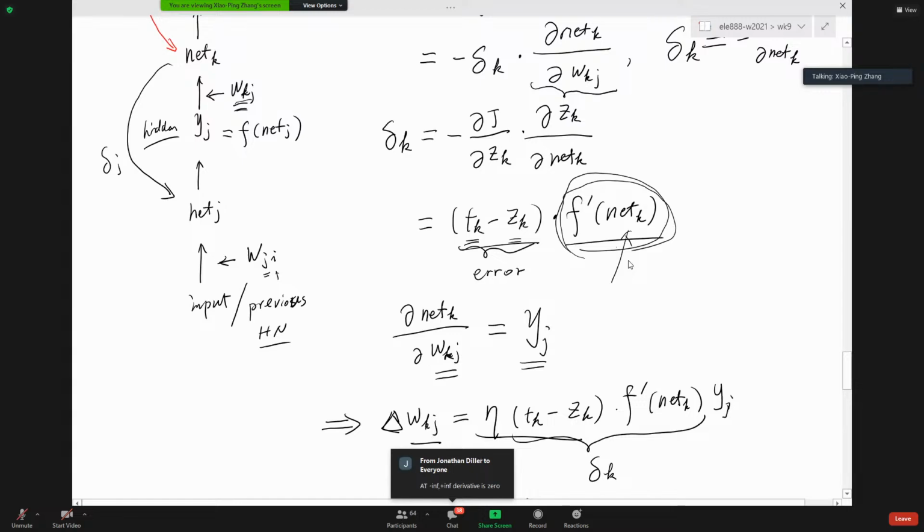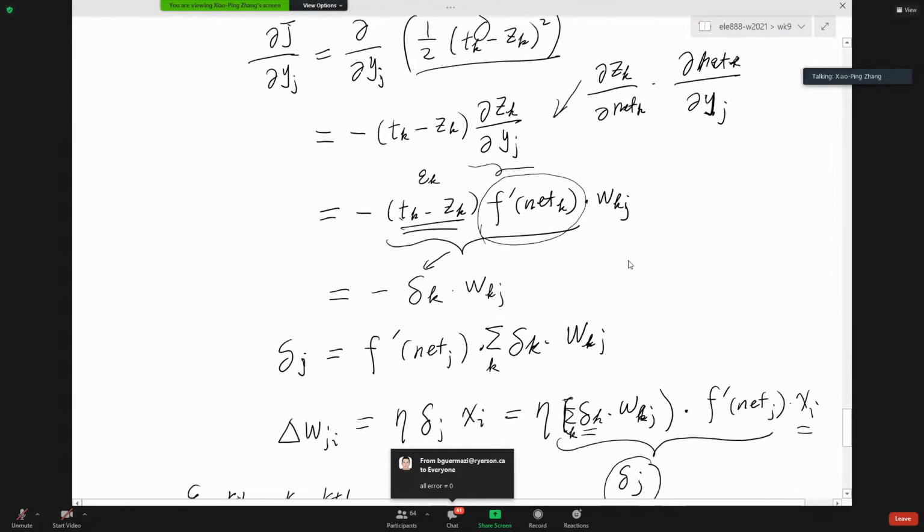It's zero almost everywhere. Only at point zero there's no derivative, but otherwise it's zero. So what happens if f prime equals zero?